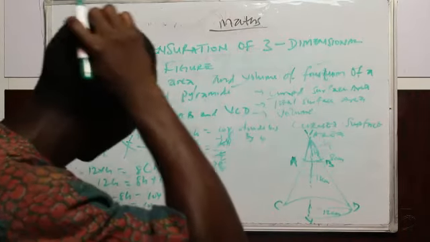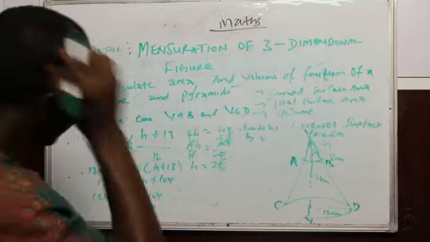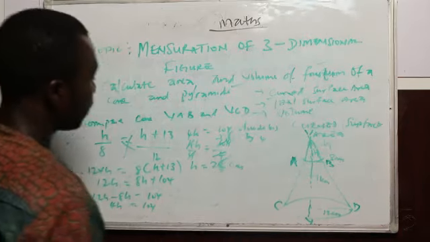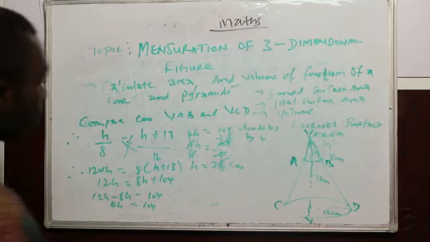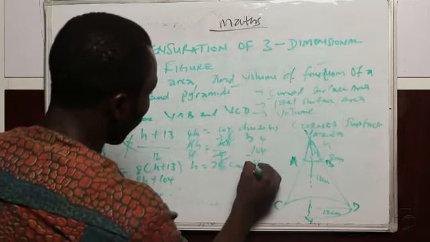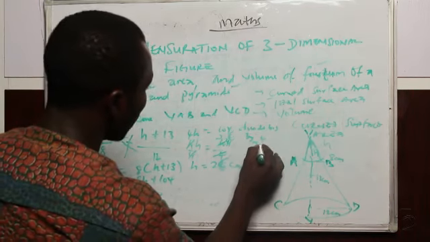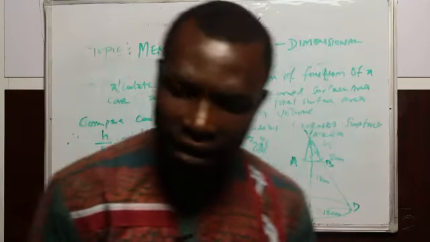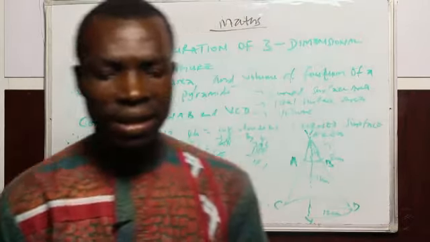Check your calculator. 104 divided by 4: 4 into 10 is 2, remainder 2, carry your 2 here, 4 into 24 gives 6. Our height is 26 centimeter.